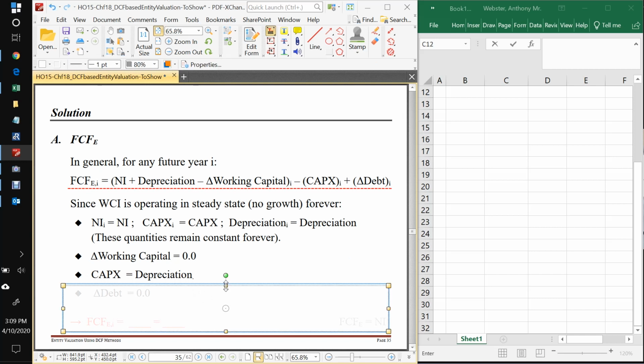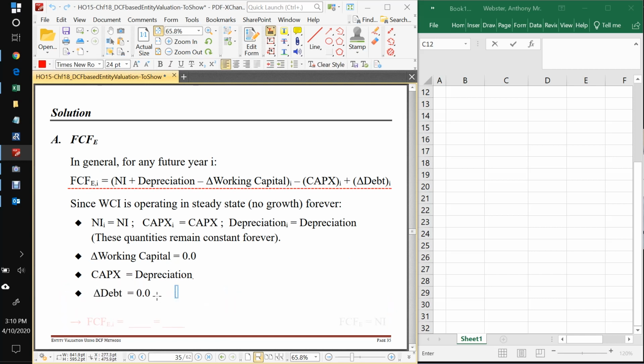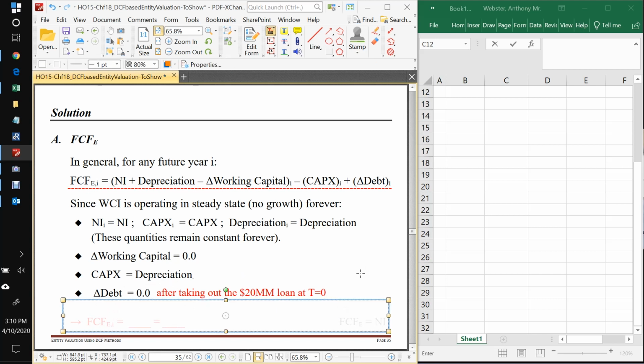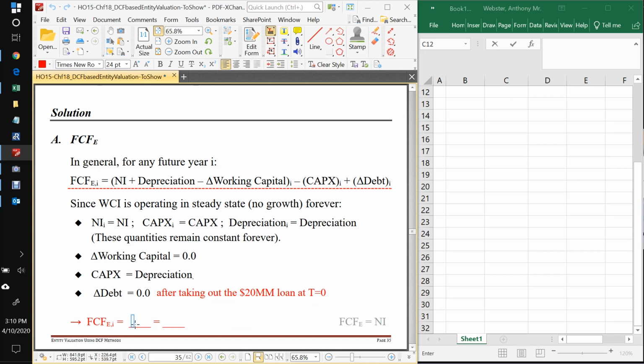And also, if they're in steady state, there's going to be no change in debt after the firm is purchased. So change in debt is equal to 0 after they take out the loan. WCI takes out that $20 million loan at T equal to 0. So we can say here, to simplify, that FCFE_i is equal to FCFE.